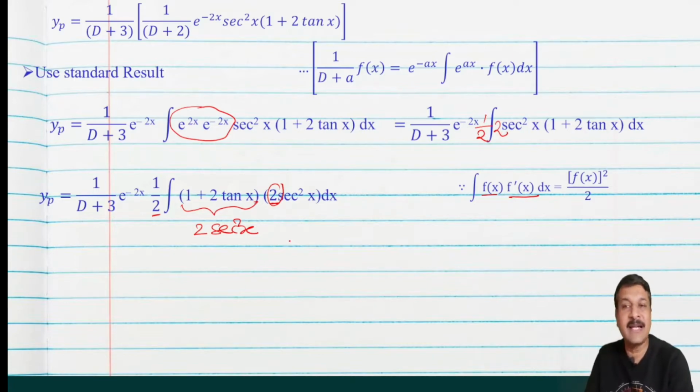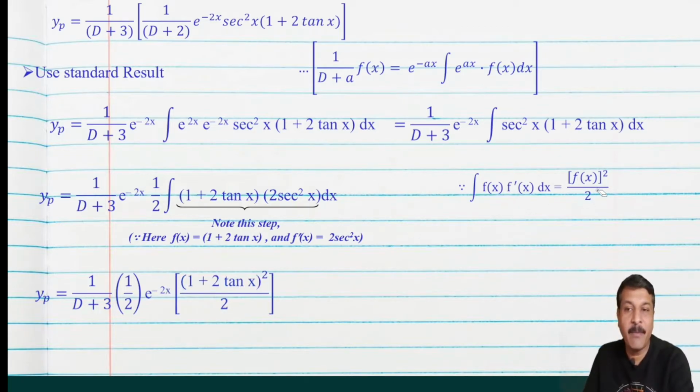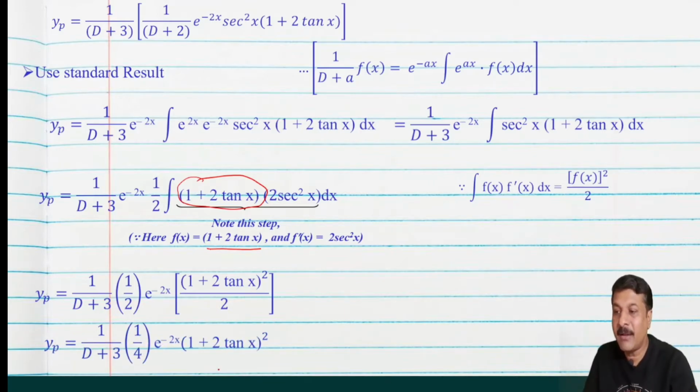So note this adjustment. Here I am getting directly, what is f(x)? This part is f(x). Square of this by 2. So I am getting this much. Simplify it again. So I am getting 1/(D + 3), 1/2 and this 2, it is 1/4 e^(-2x) (1 + 2 tan x)².